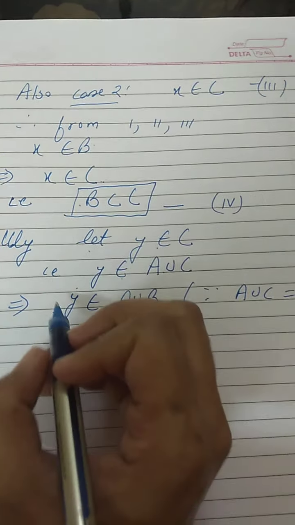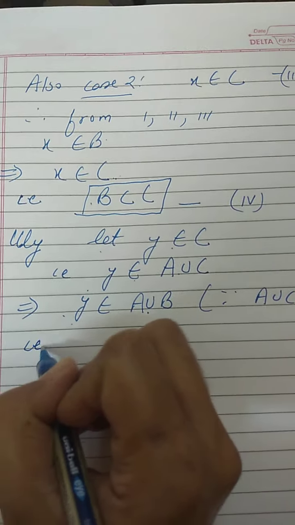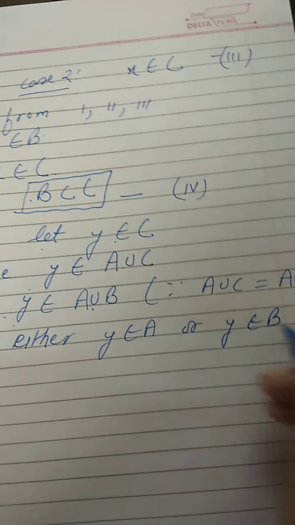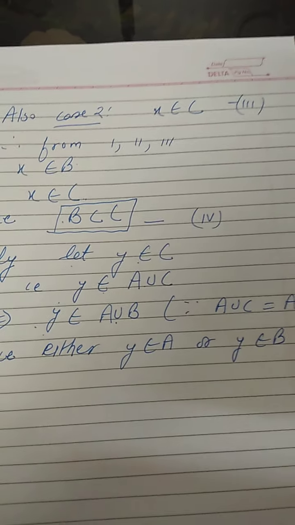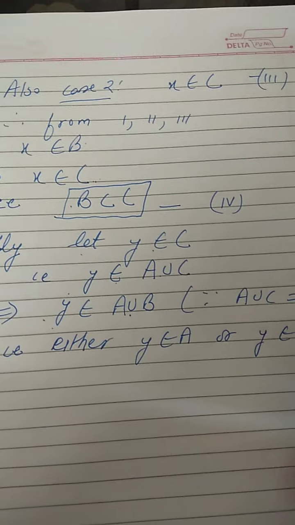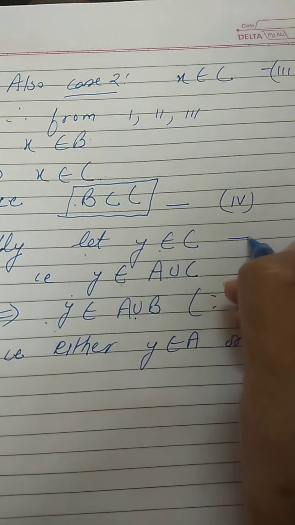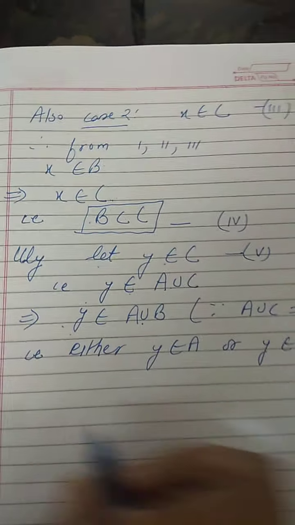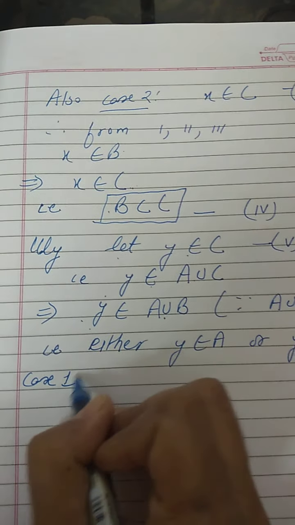And if y belongs to A union B, that is either y belongs to A or y belongs to B. Once again we can discuss here the cases. So this y belongs to C, we can mark it as 5. So case 1, what will be?